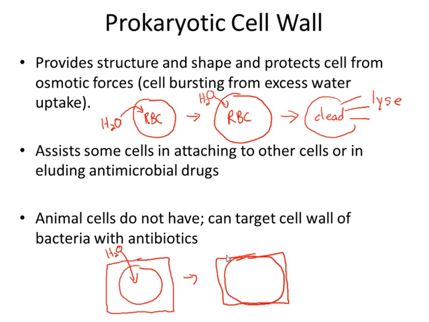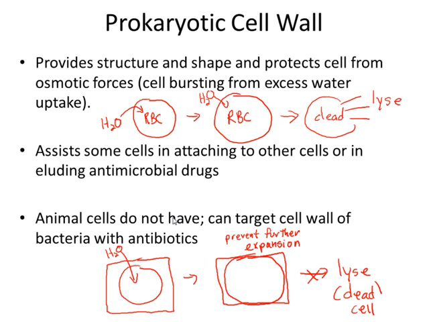And what the cell wall is going to do is it's going to prevent further expansion. So that cell cannot get any bigger. Essentially what that does then is it prevents it from lysing open, or another way to think about that, it prevents it from dying. So it's a very important structural feature for a bacterial cell.